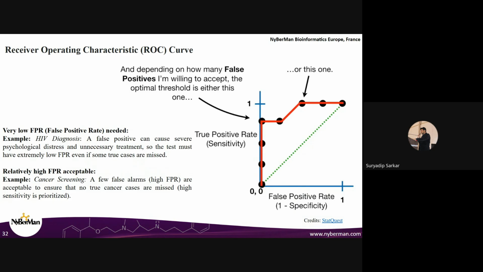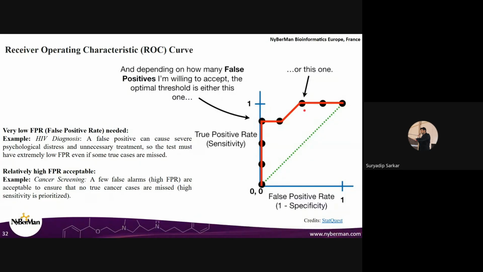So my model can afford to be wrong about the healthy people a little bit, as long as it makes sure that it does not leave out any of the cancer-driven people. So in that case, a high FPR is acceptable to me, because I am having a very high TPR and a comparatively high FPR, which is acceptable.